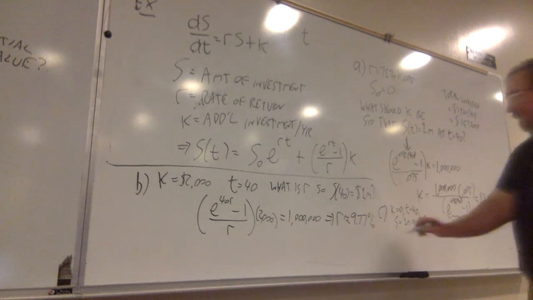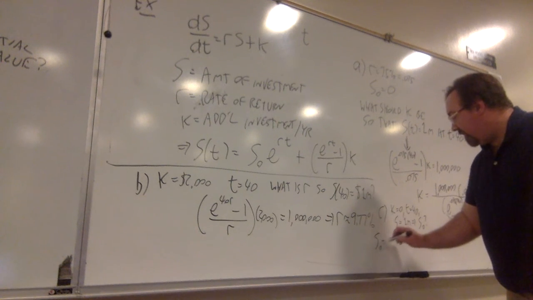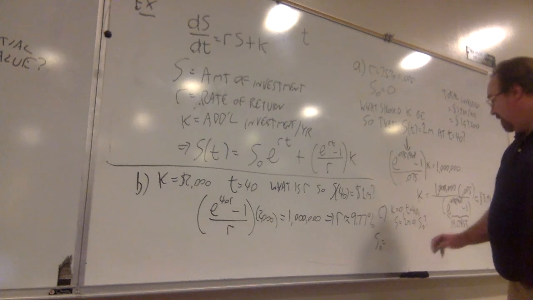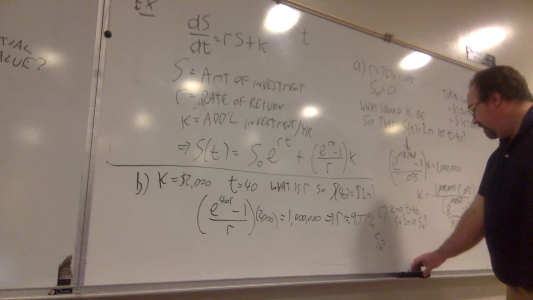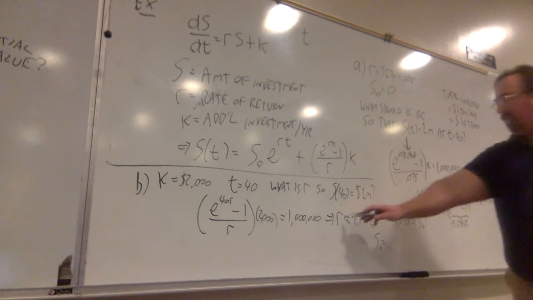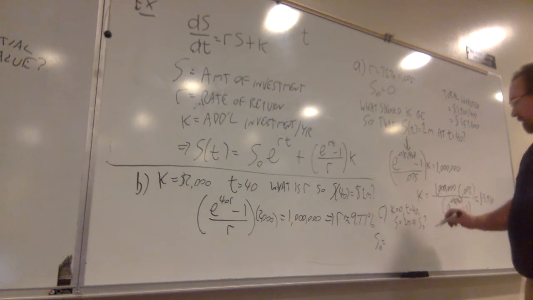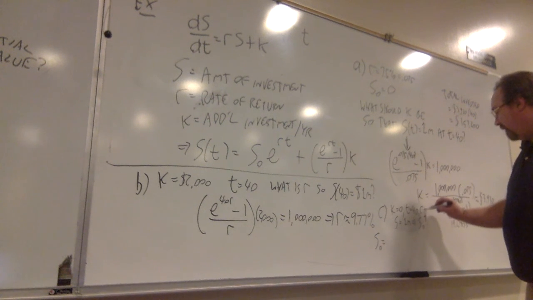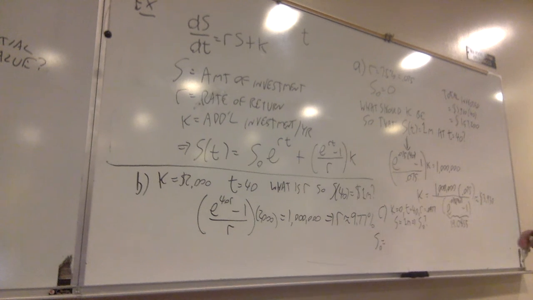So I'm solving S naught e to the, oh wait, I need, okay, I want that same rate. Like I said, I need to specify all the parameters except one. Okay, so that 0.0977.